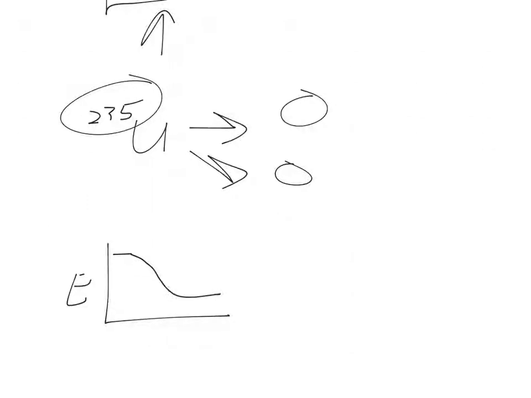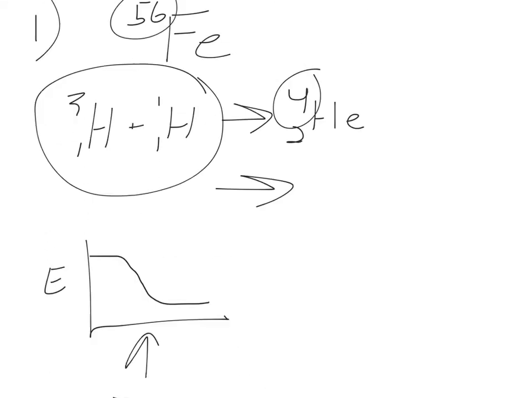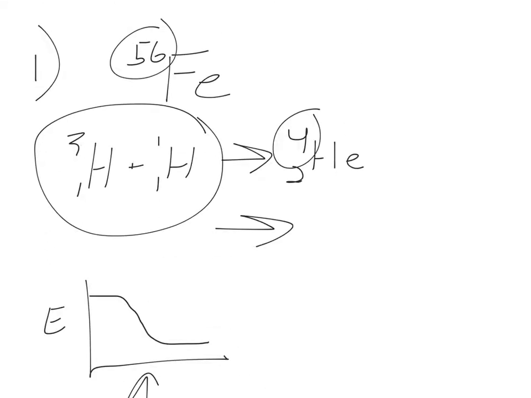So this is the takeaway. He becomes more stable by splitting. If, go back up to our iron here, 56 is that magical number. If you are smaller than 56, you become more stable by fusing and trying to get closer to the 56 number. If you are larger than 56, then when you split apart, you become more stable.